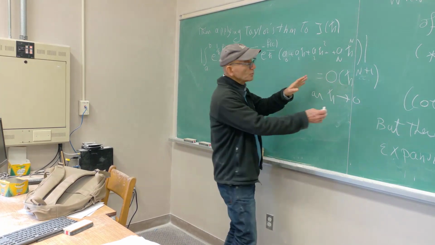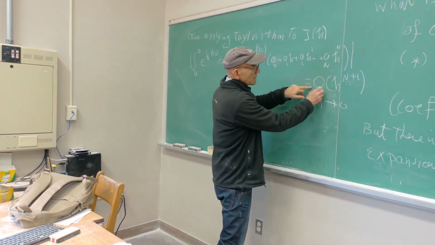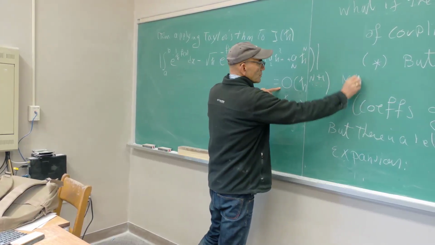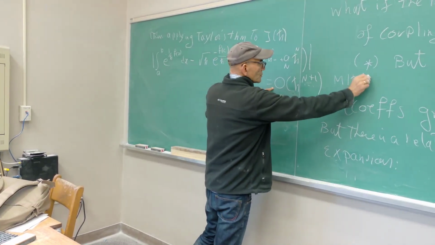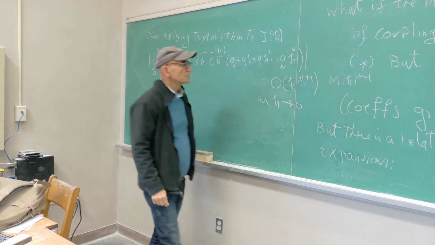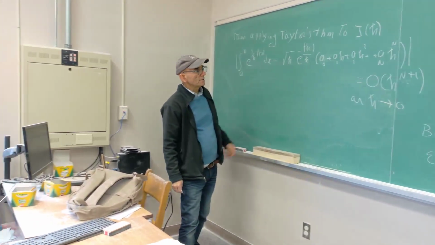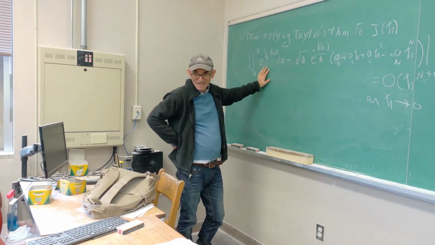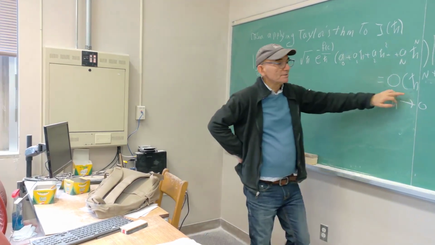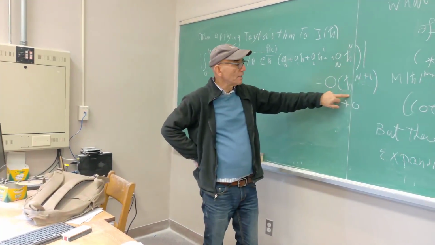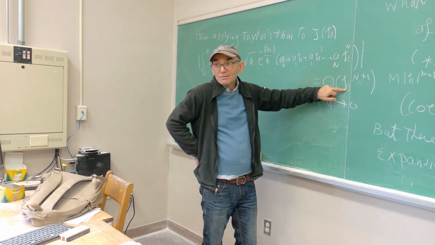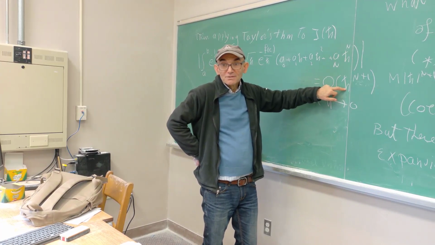So this is less than or equal to some constant M times the absolute value of h bar to the power n plus 1. And you notice that this is a great approximation, because as h bar goes to 0, this quantity is 0 of order n plus 1.